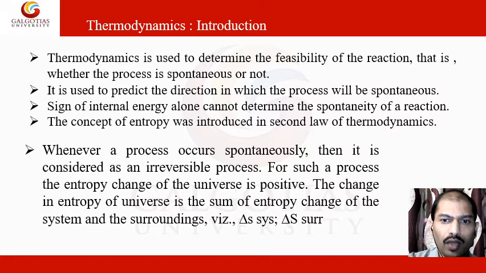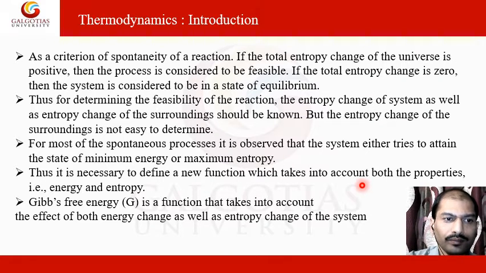Now, as a criterion of the spontaneity of the reaction, if the total entropy change of the universe is positive, then the process is considered to be feasible. If the total entropy change is zero, then the system is considered to be in a state of equilibrium.